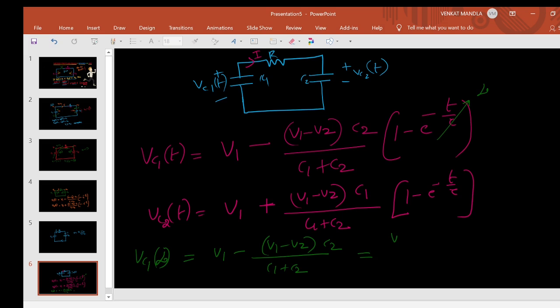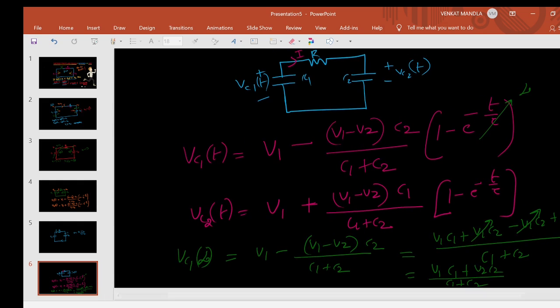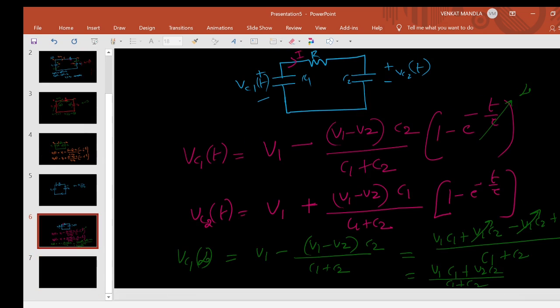Calculate this: V1 C1 plus V1 C2 minus V1 C2 plus V2 C2 over C1 plus C2. These two get cancelled. Now V1 C1 plus V2 C2 by C1 plus C2, right?